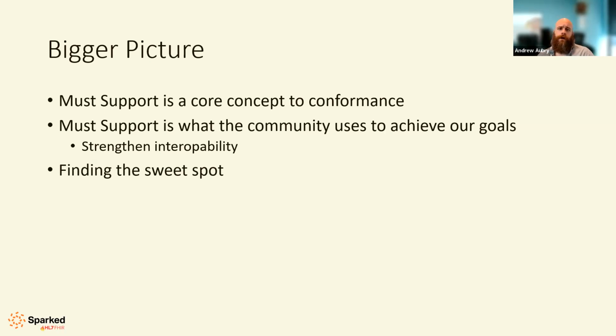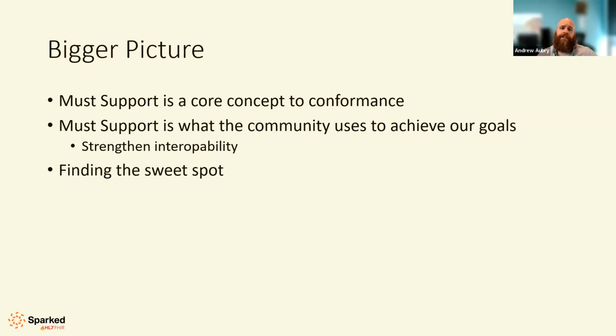Identifying what are elements that become very important in order to share that context, versus what are elements that can be looked at in future IGs or different scenarios specifically. What are elements that may apply to some scenarios but will not apply to all broader scenarios, and how do we handle some of the must support there?